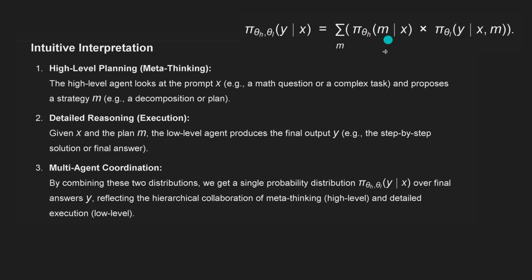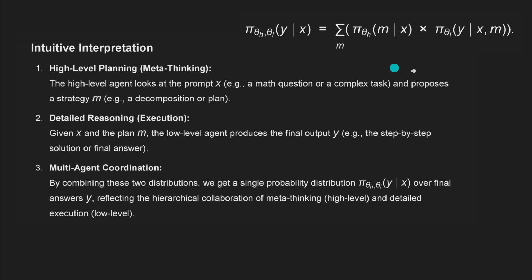And then, as you see, we combine those because we do have a multi-agent coordination. So combining these two probability distributions, we get a single probability distribution as a result. This is our pi theta high, theta low, from x and y over the final answers y, reflecting the hierarchical collaboration of meta thinking at the high level and a detailed execution at the low level.